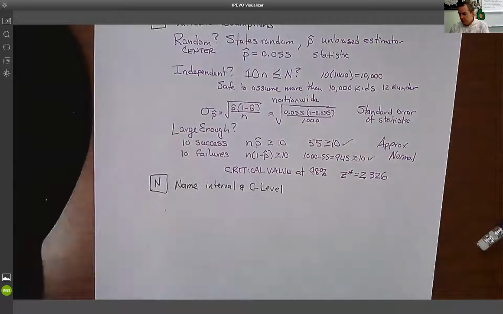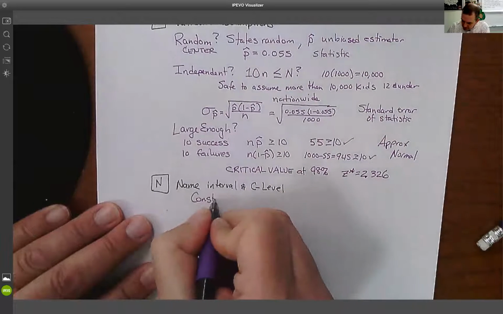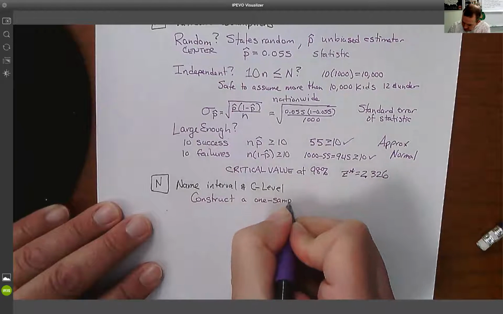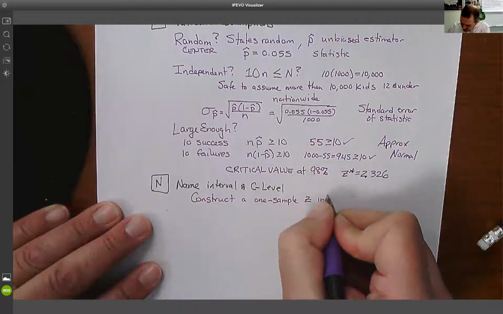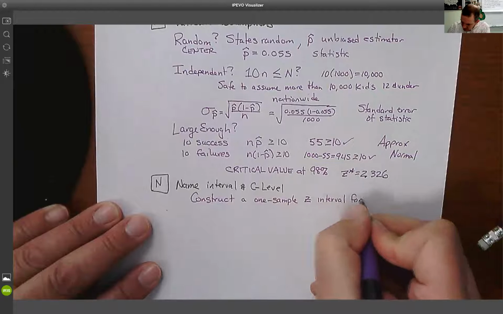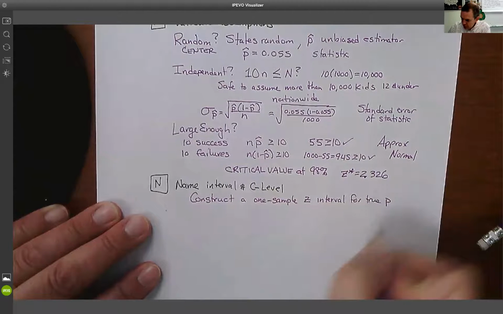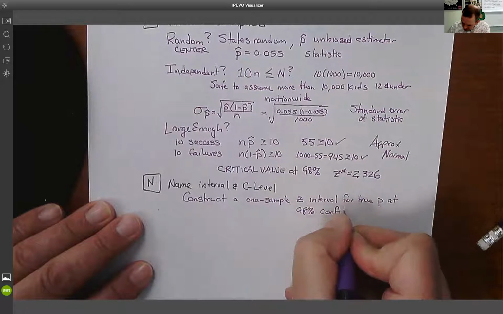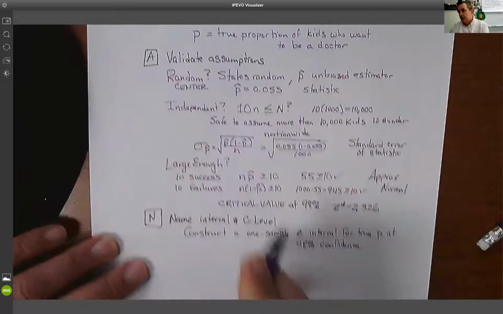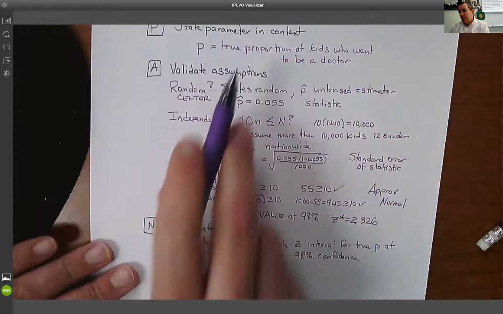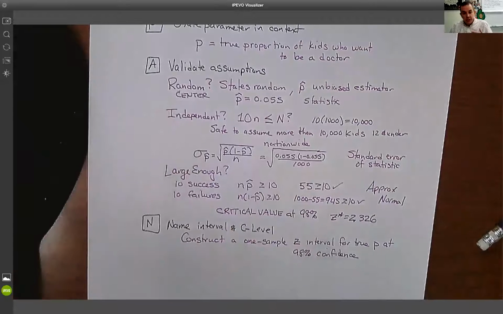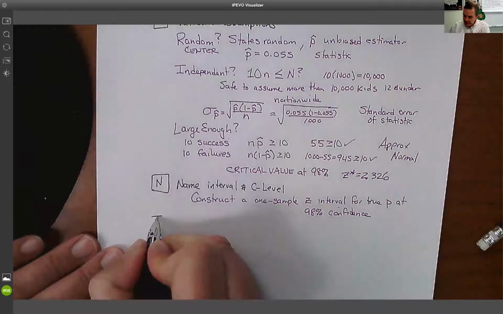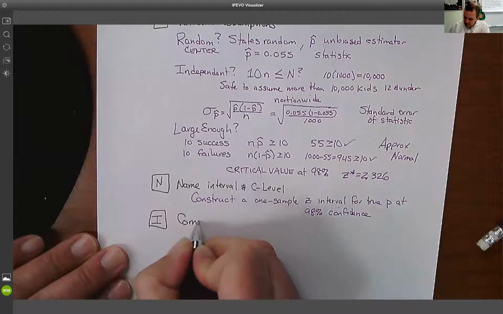So in this case, I am going to construct a one sample Z interval for true P, true proportion at 98% confidence. So I'm telling the reader what I'm doing. I said, here's the parameter I'm looking for. I've validated that I've met all the criteria to do what I need to do. Now I'm going to tell you what I'm going to do. My next step is I'm going to compute my interval.